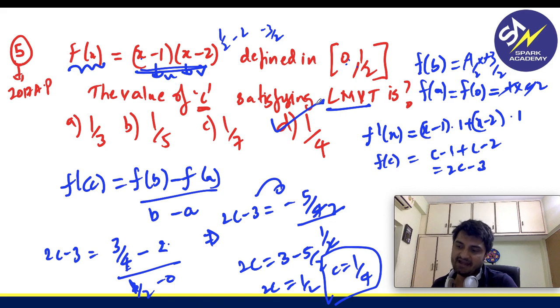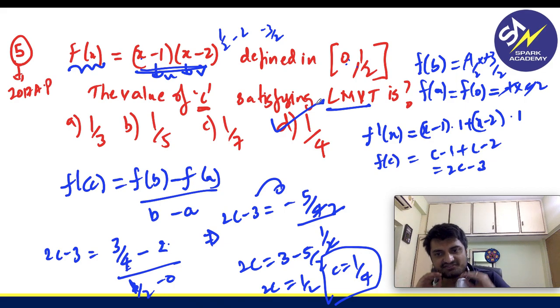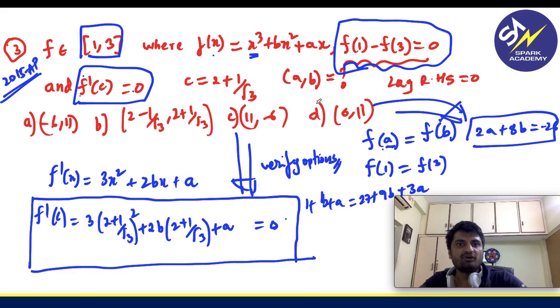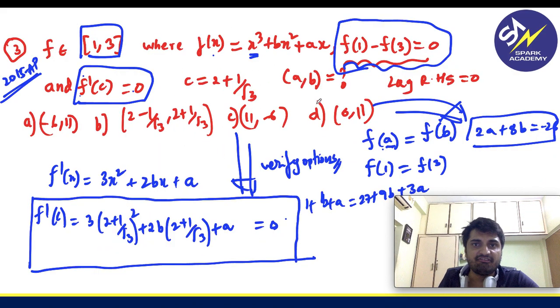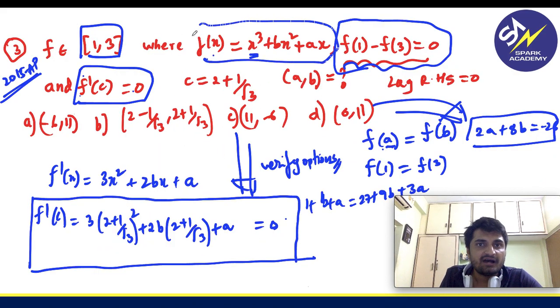Very straightforward and simple, guys. Hope you're getting it. So any year, if you're getting any question based on mean value theorems, that means it's an easy question. You definitely have to solve it. So if they give one function like this, they will also give g of x as some x square plus 5x plus 3.